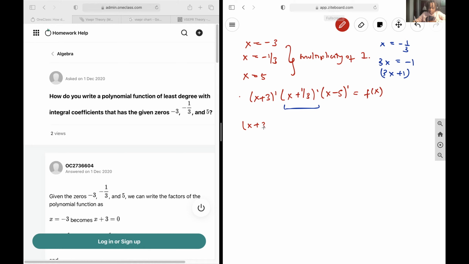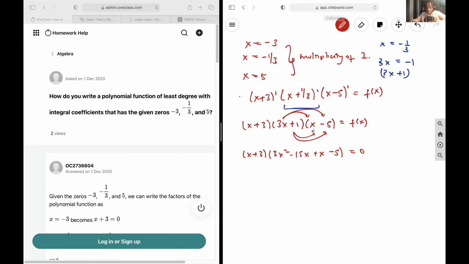And we get (x + 3)(3x + 1)(x - 5) is equal to our f(x). And then we can start with these two. So just use FOIL. And so we get (x + 3)(3x² - 15x + x - 5).